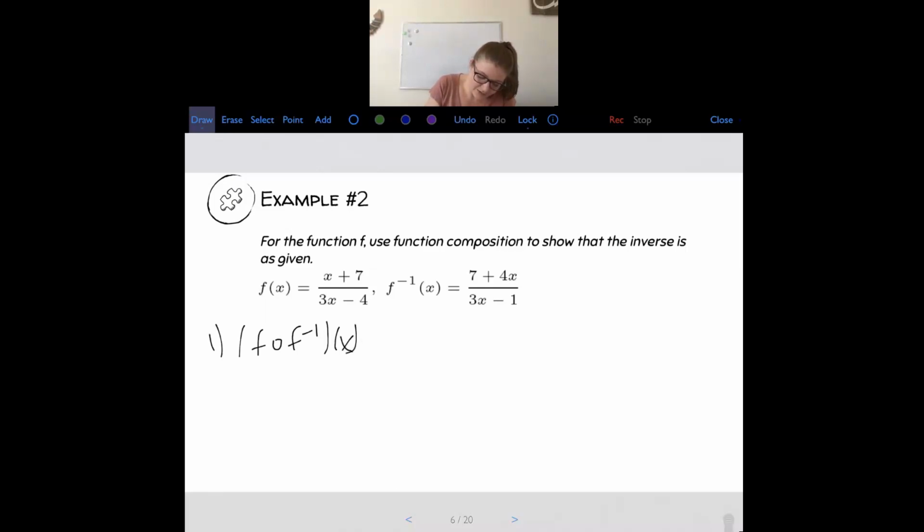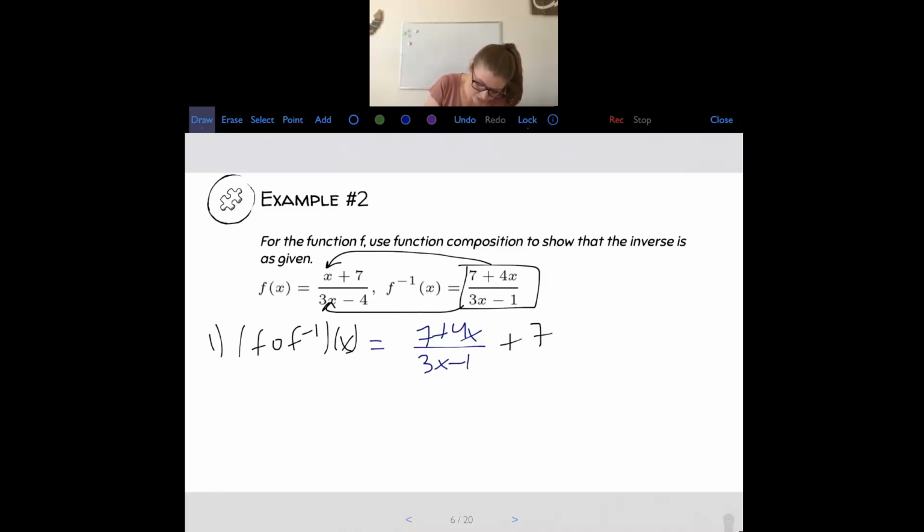Okay, so this function is going in for each x in f. Okay, so what that looks like is we have 7 plus 4x over 3x minus 1, then plus 7 over 3 times, instead of x, we're inputting in f inverse. And then we have minus 4.